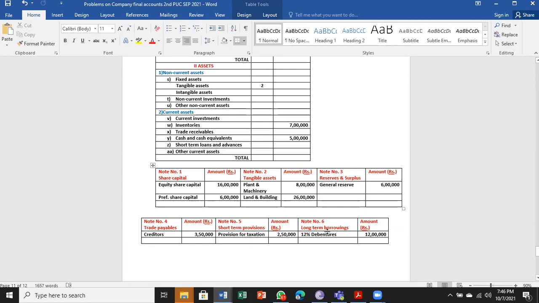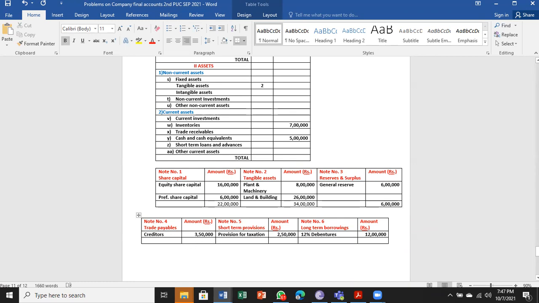So when you go for totaling, first one, note number 1, 16 lakhs plus 6 lakhs, 22 lakhs. Then plant and machinery and land and building, 8 lakhs and 26 lakhs, 34 lakhs. General reserve, 6 lakhs.